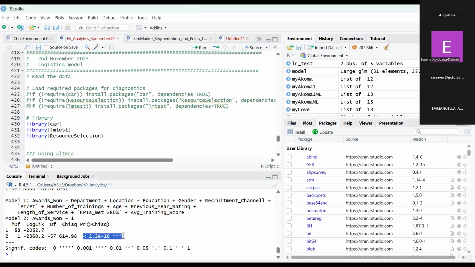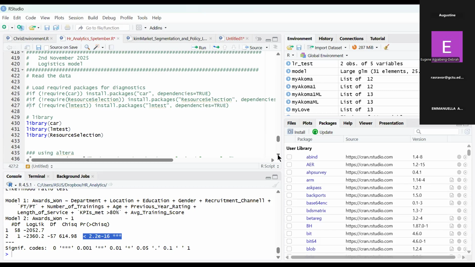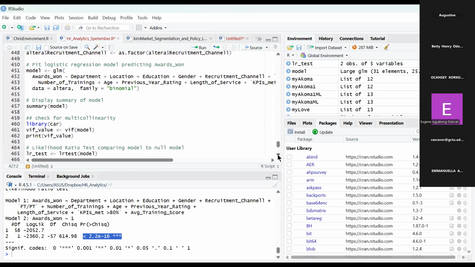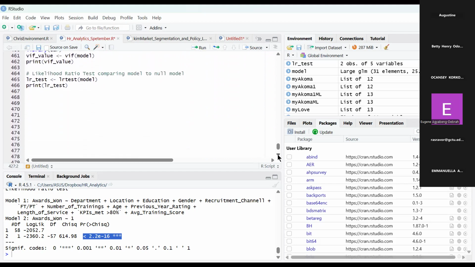Eugene, look, are you with me? Yes, I'm with you. The first question you should ask yourself is, this model that I have run, is it significant or not significant?